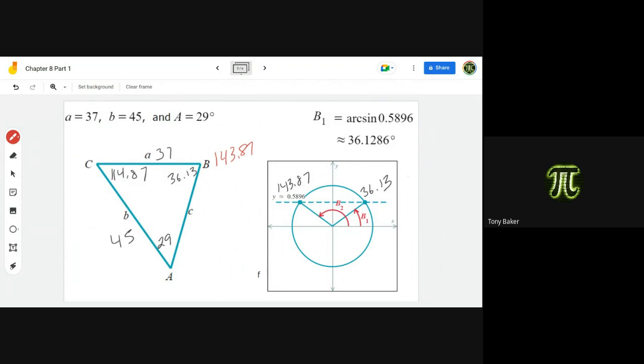Okay, what's C going to be? So add B and A and subtract from 180, right? And what do I get? 7.13. That works. That can happen. Okay, so I have two possible triangles that'll work.